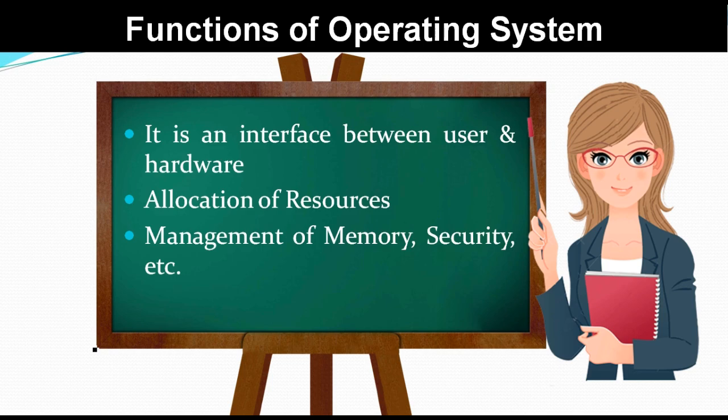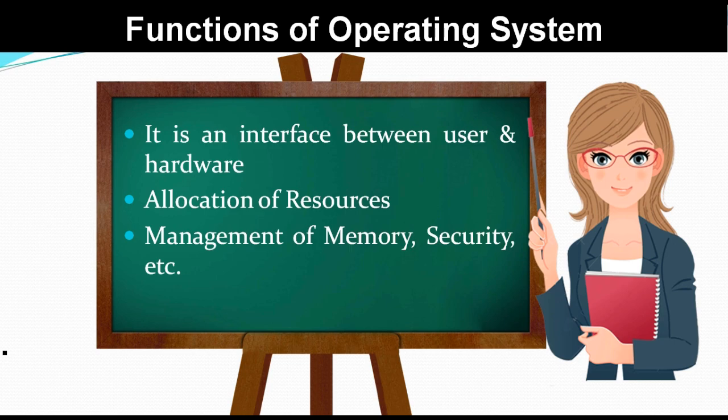Whenever a user wants to interact with the computer hardware, they must interface with the operating system. The user interacts with the applications loaded over the operating system, and the operating system interacts with the computer hardware, and all the required resources are allocated by the operating system.